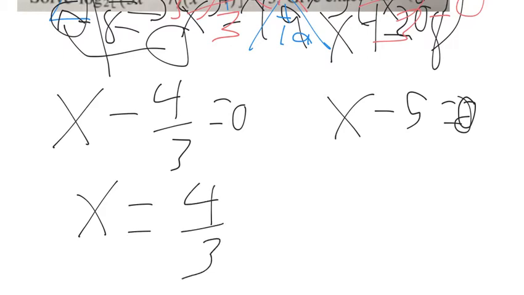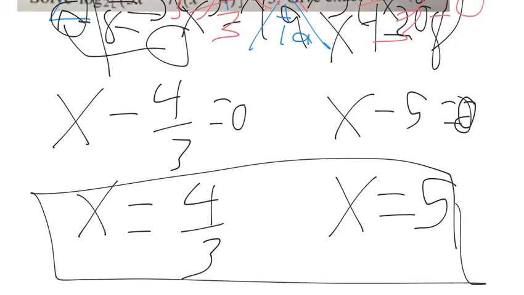And if x minus 5 is equal to 0, that means x is equal to 5. Now, I will tell you that if you were to plug both of these back into the original logarithm, they would work. They both work, so both of these are solutions.